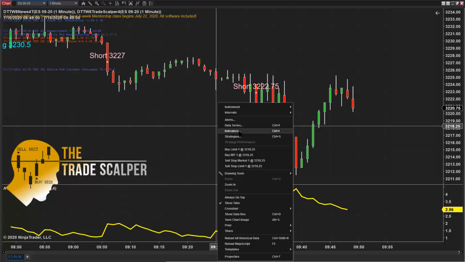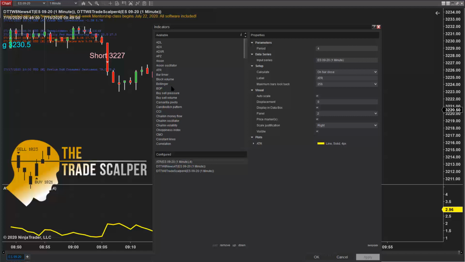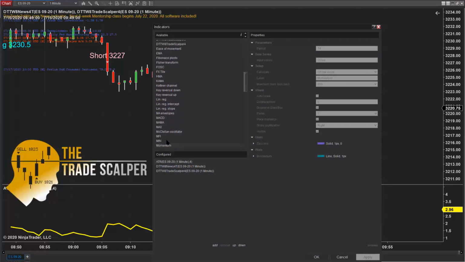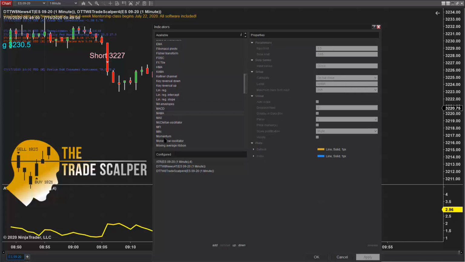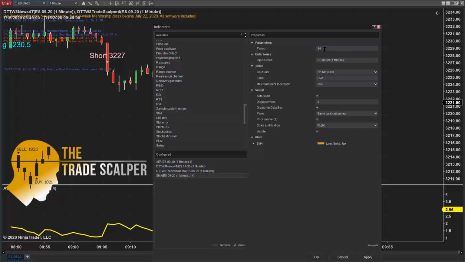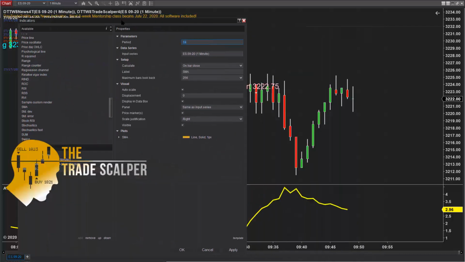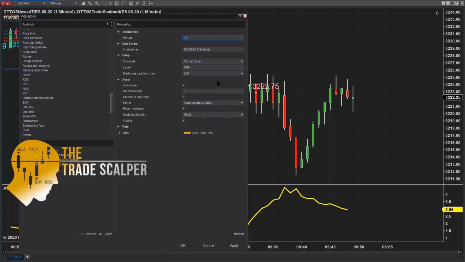So if I came over here and I looked at, for example, a moving average here, right? So we'll come down here to a simple moving average, SMA, right here. So if you looked at an SMA, you have here a value that you can input. So if you're using a specific chart and you do back testing and historical testing, you could say, well, the simple moving average of 14 works in this time period, or of 20.